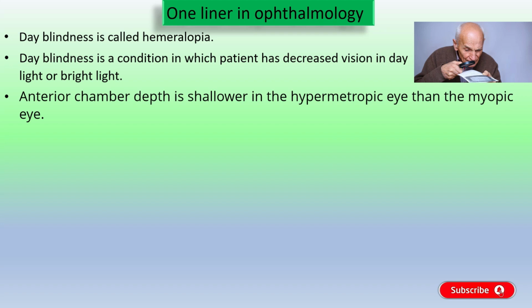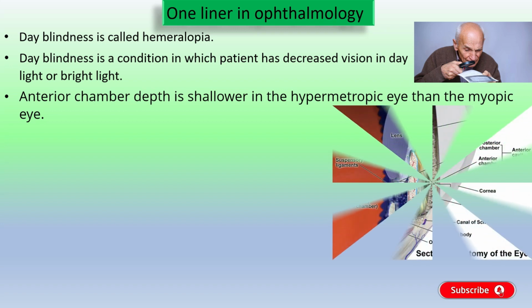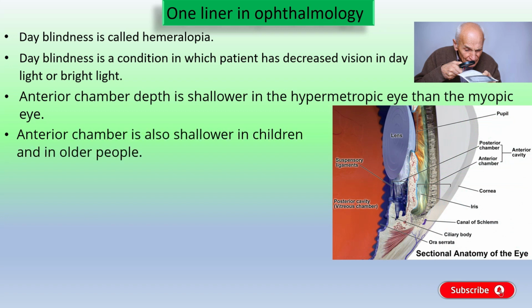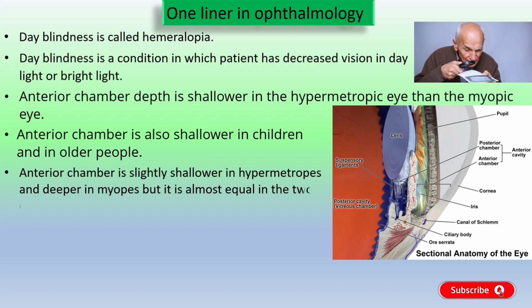Anterior chamber depth is shallower in the hypermetropic eye than the myopic eye. Anterior chamber is also shallower in children and in older people. Anterior chamber is slightly shallower in hypermetropes and deeper in myopes, but it is almost equal in the two eyes of the same individual.